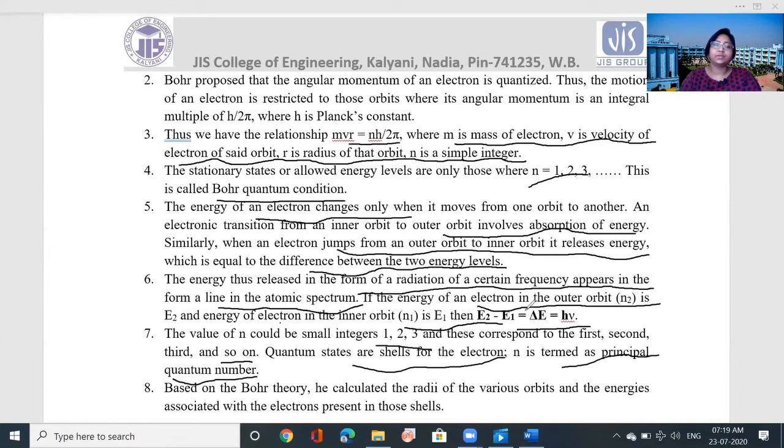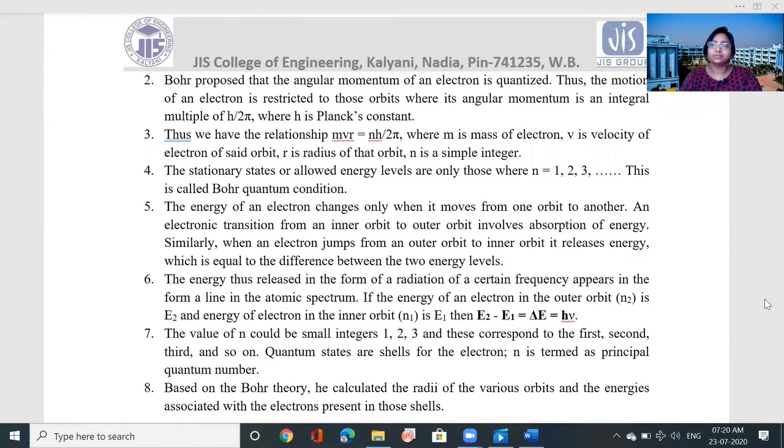Later I will describe all the quantum numbers. Based on the Bohr theory, he calculated the radius of various orbits and the energies associated with the electrons present in those cells. So all these are the postulates of Bohr's theory.